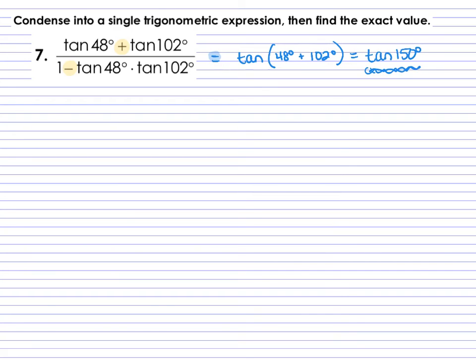But now what we have to do is figure out, what exactly is the tangent of 150 degrees? So we're going to go back to the unit circle again. 150 degrees is going to be 30 degrees shy of the 180 of that x-axis. So here's my 150 degrees.